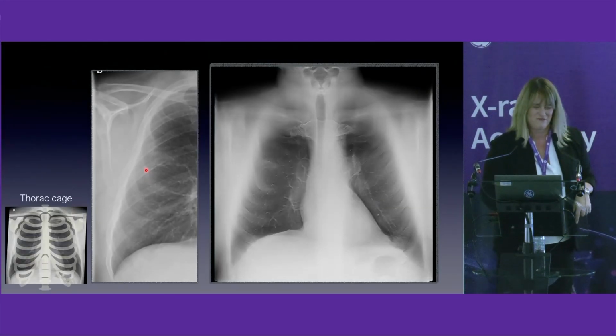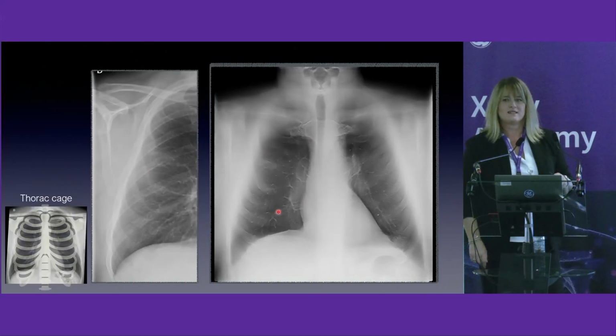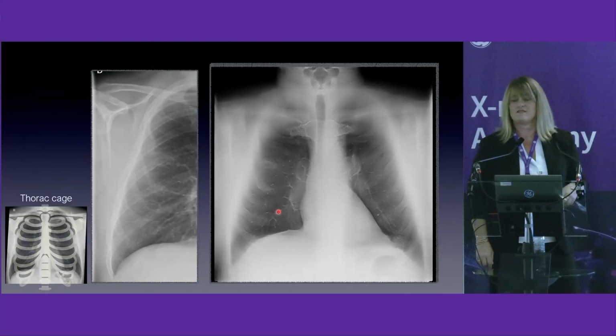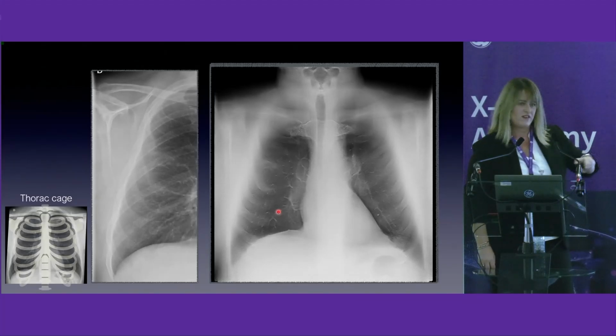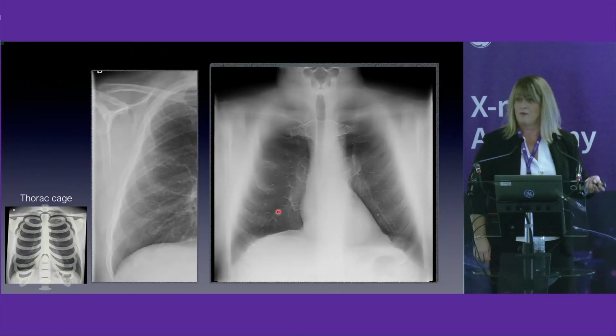This is one of my favorite cases, because take a look at this. This is not a rib fracture, but a dysmorphism of the thoracic cage. We call it bifid ribs, okay? But this kind of alteration can simulate an opacity.